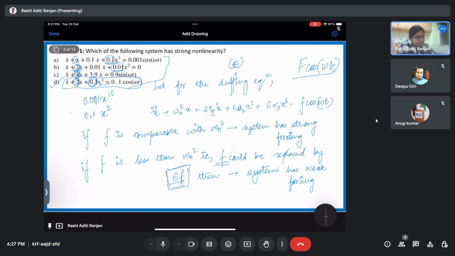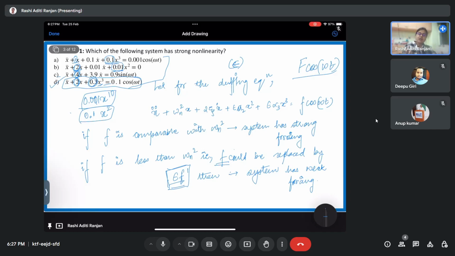So if now someone says that among this, which one is having a strong nonlinearity? See, though this has a coefficient greater than the above one, what is important is to see that x is at the 10th power. However, in the below one, it is at the second power, right? The 10th power will anyways supersede the square term. If my x is greater than 1, it is going to have a very significant effect, right?